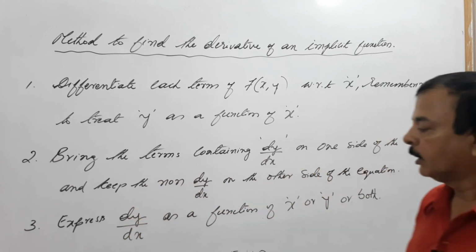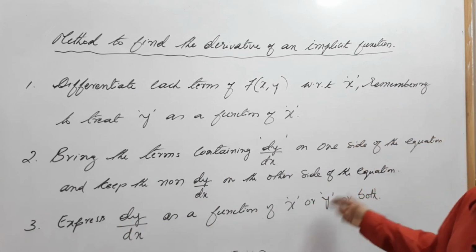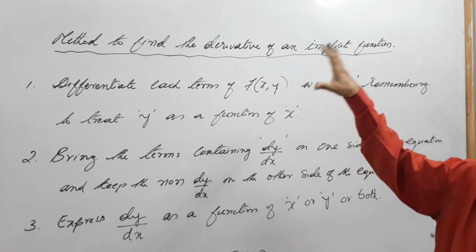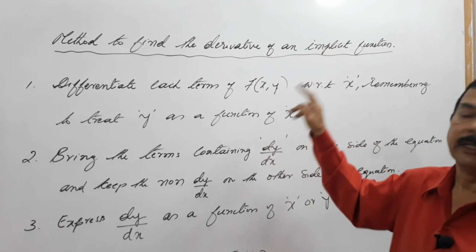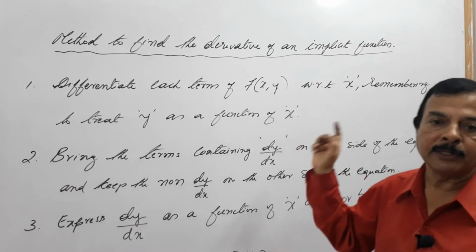That's what it means. Express dy by dx as a function of x or y or both. So these are the methods to find the derivative of implicit functions.